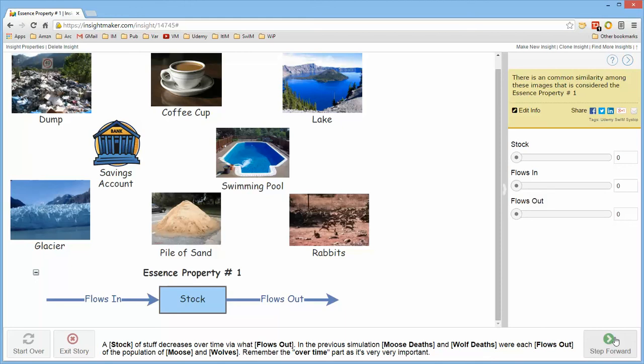Again, the over time part is quite often non-intuitive, and it's the non-intuitive part that tends to get us in trouble all the time. So in this particular situation, we have a stock, which is a quantity of stuff. It increases when something flows into it, and it decreases when something flows out of it.